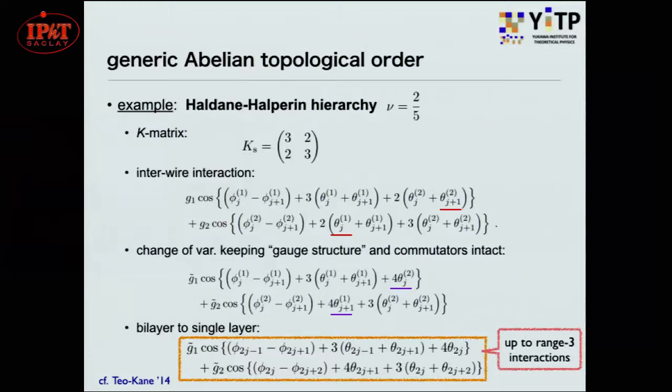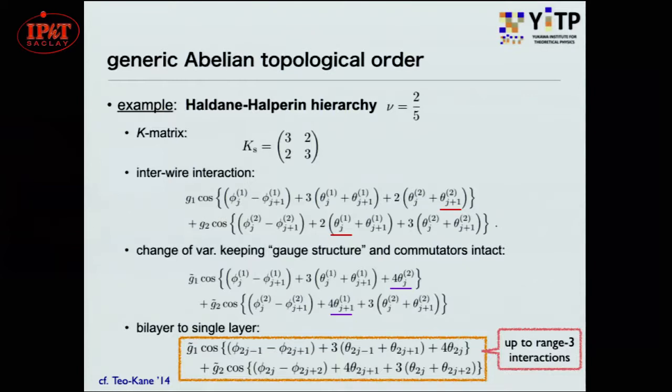This slide illustrates how this strategy works for describing the Haldane-Halperin hierarchy for nu equal 2/5, which is given by the K matrix in the symmetric basis shown here: 3, 2, 2, 3. Following my procedure, the inter-wire interaction that will stabilize this topological phase is given by this.